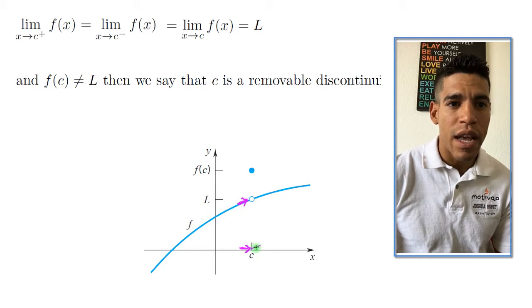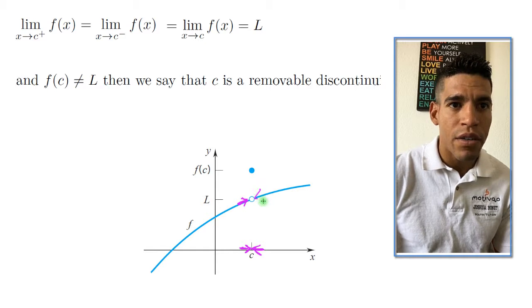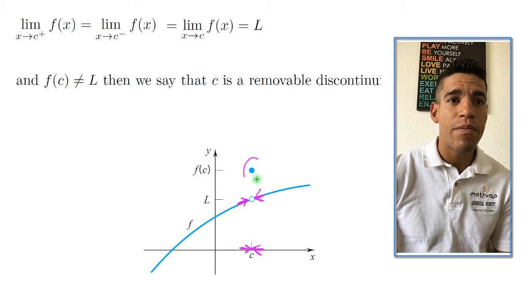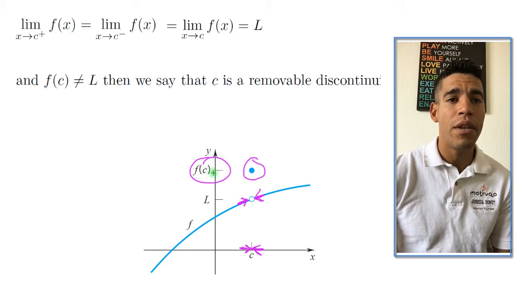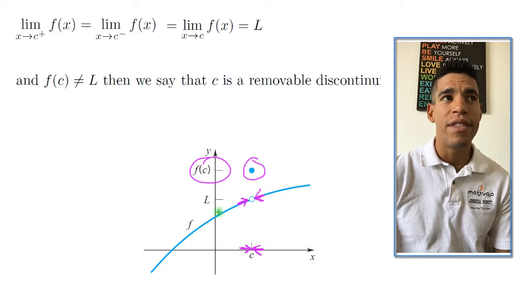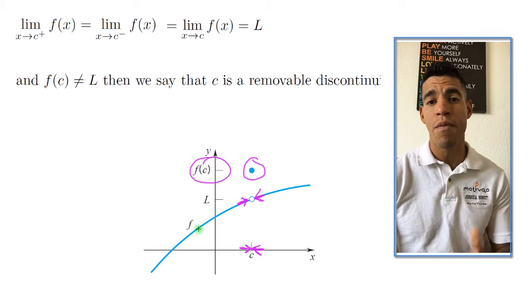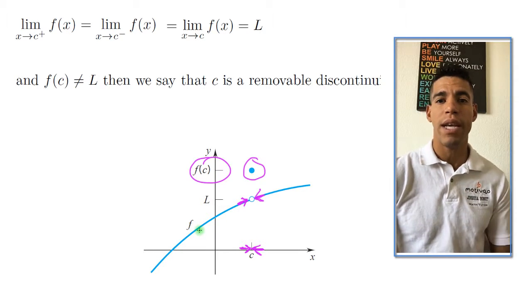And when x approaches c from the right, my function also approaches L. But notice that f of c is this point, okay? Therefore, f of c is not equal to L. That's how a graphical representation of a removable discontinuity might look.